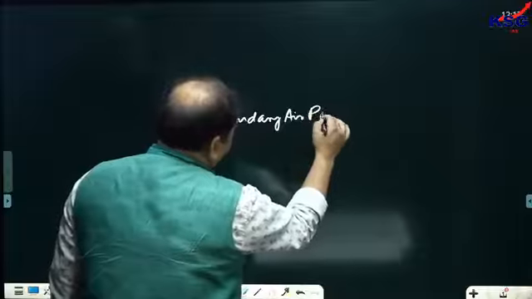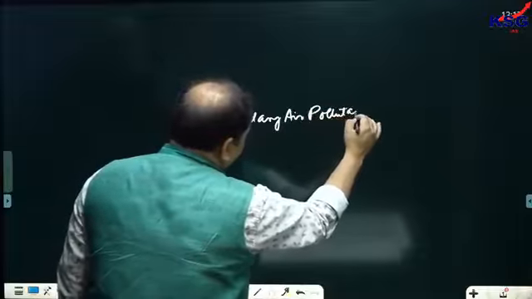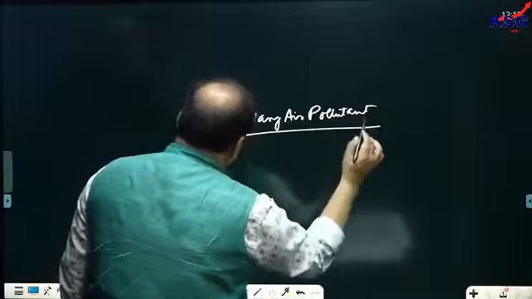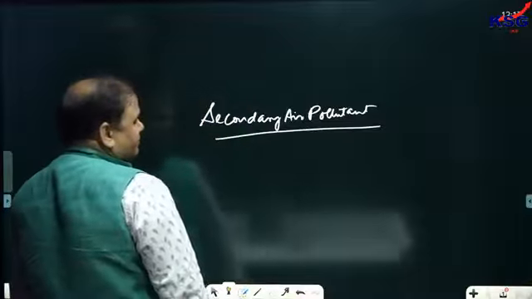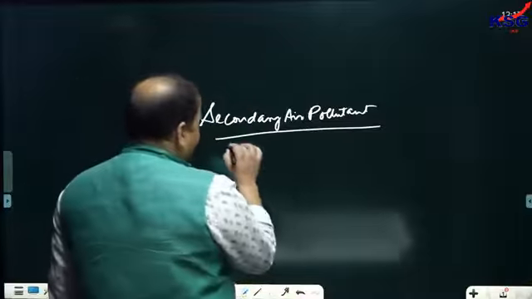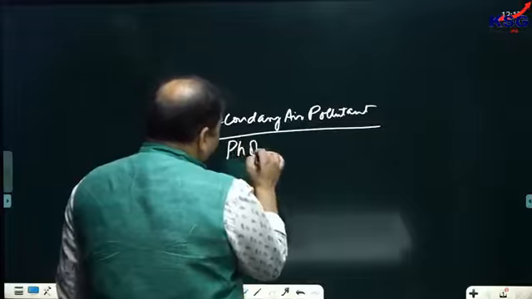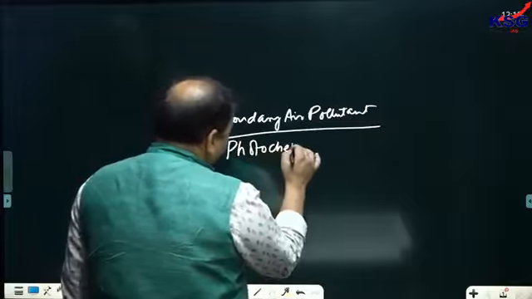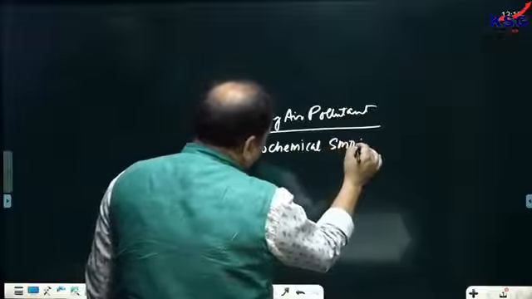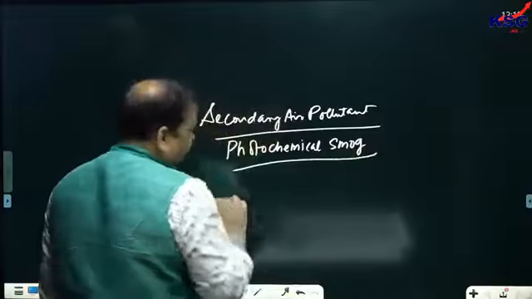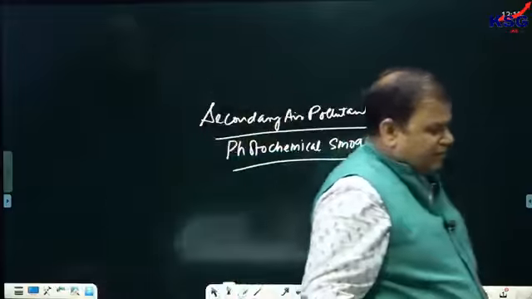So it is itself a primary air pollutant and part of secondary air pollutant also. Photochemical smog is also part of secondary air pollutant.